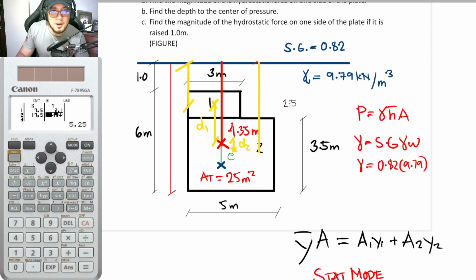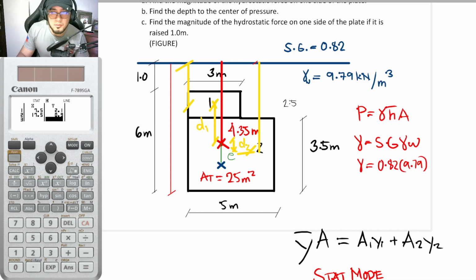Yes, actually, we subtract the 4.35, because 4.35 is the red one, and what we are looking for is this D2. So 5.25 minus 4.35. Once again, this is the distance from our second area up until this particular location. So that is it now.